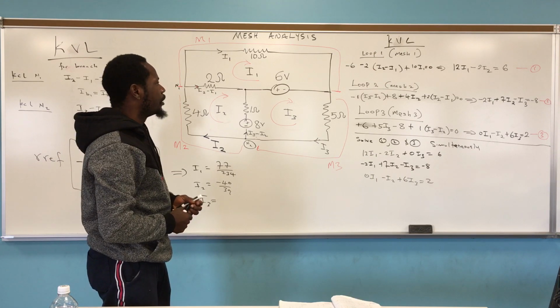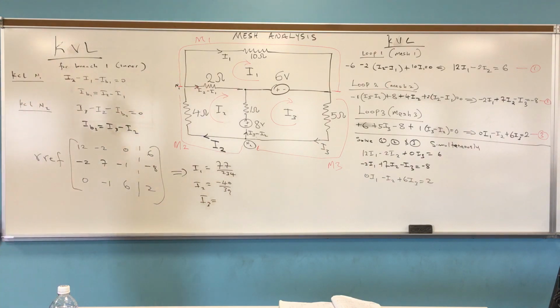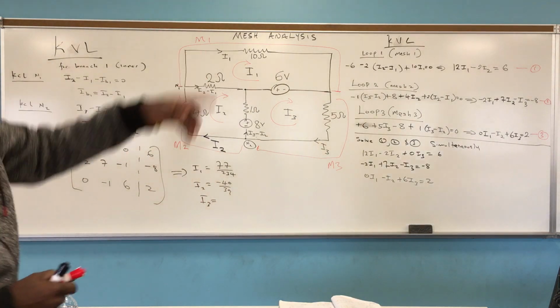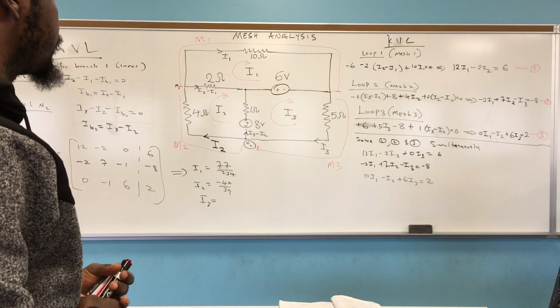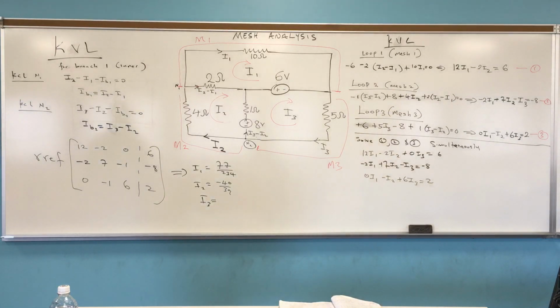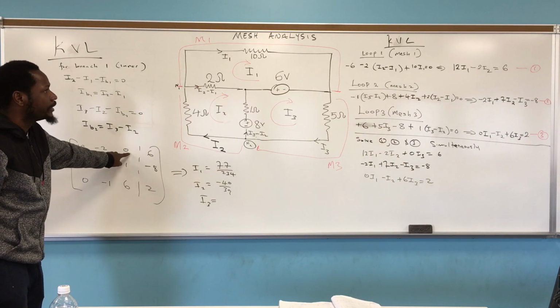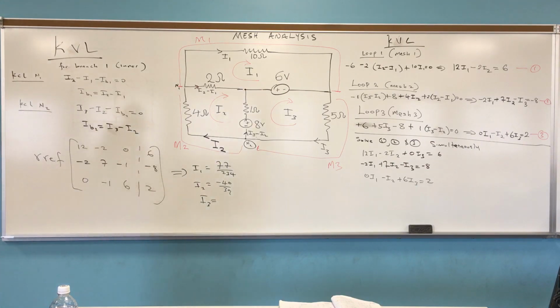Hold on. This cannot be correct. I'm looking at your first answer and comparing it with the first equation. Can you check again? This is 12 minus 2, 0, 6.